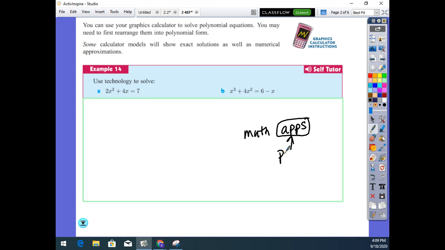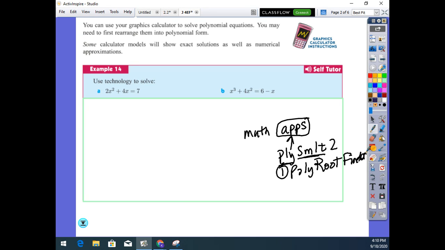When you push apps, you look for PolySmlt 2, and it really means polynomial simultaneous equations. So you need to go down to that, push that, and for some reason there's always a text instrument. Hit enter. Number 1 says Poly Root Finder. That's what you want. Hit enter.